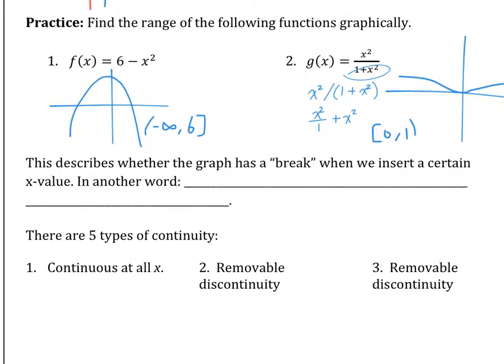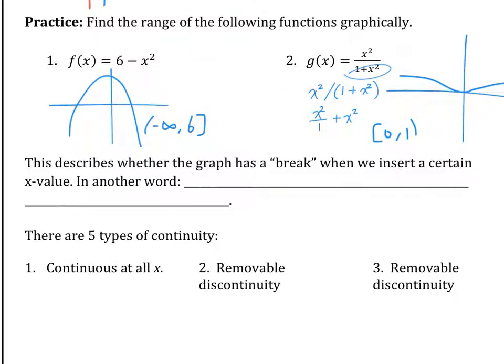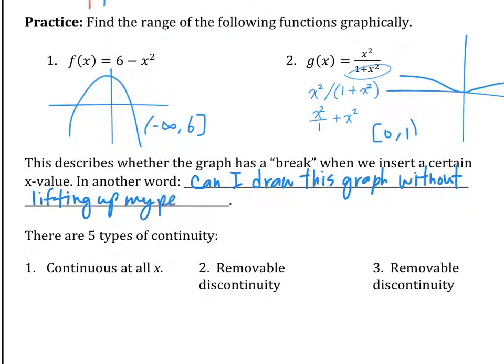This is one of the most important things. Basically, it describes whether a graph has a break when we insert an x value, or in other words, can I draw this graph without lifting up my pencil?